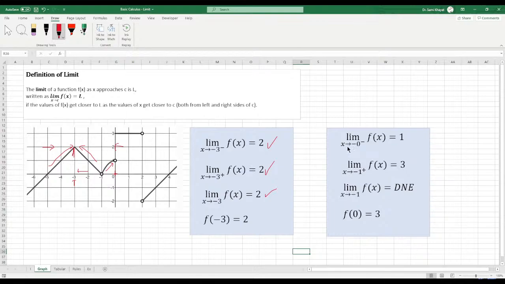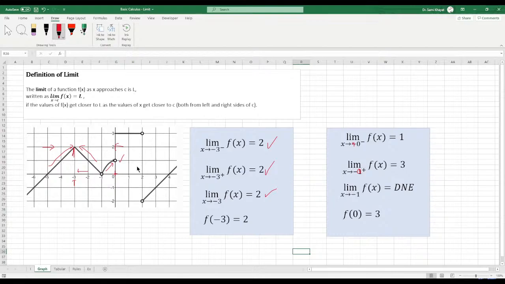There are some mistakes here in the marking, but okay, from this side, we will have 1.